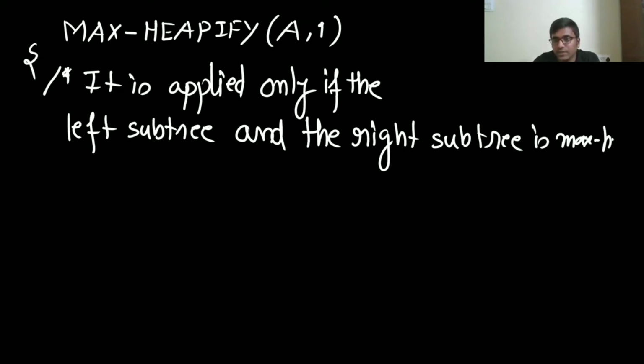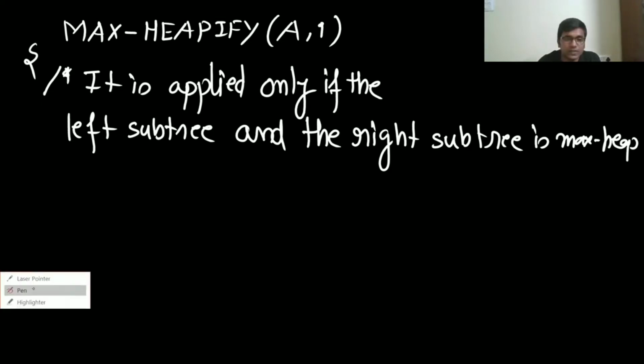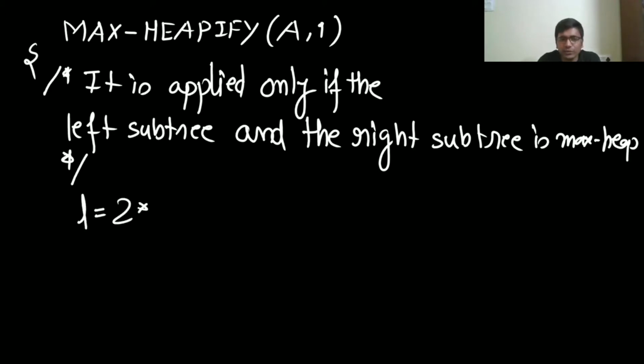If the left subtree and the right subtree are Max-Heaps, then only you can apply it. This is a multiple line comment that I have closed here. Now, left child index is 2 into I, right child index is 2 into I plus 1.